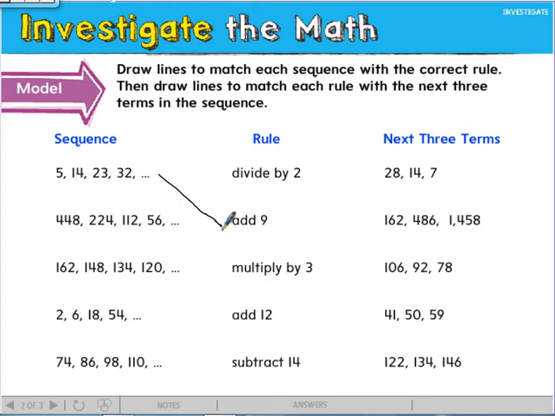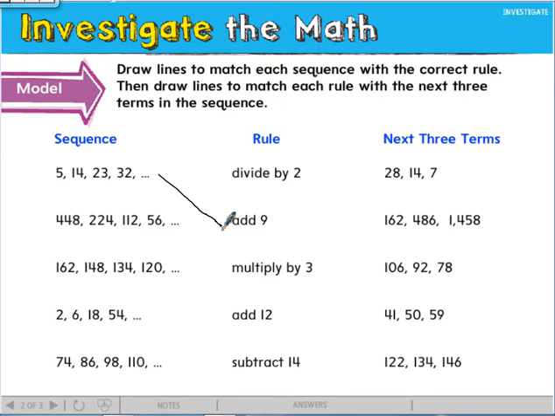So if we're adding 9, what are my next three numbers? 32 plus 9 is 41. 41 plus 9 is 50, plus 9 is?